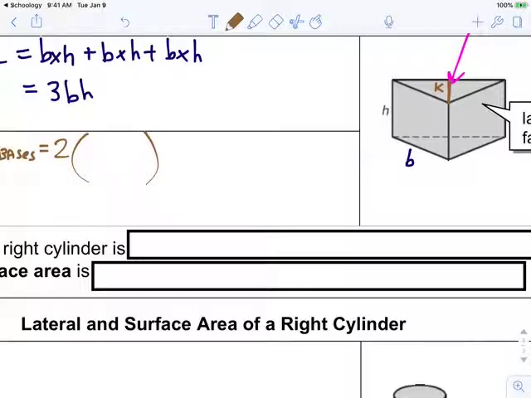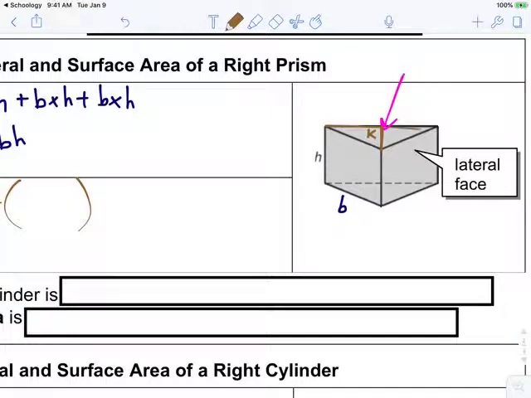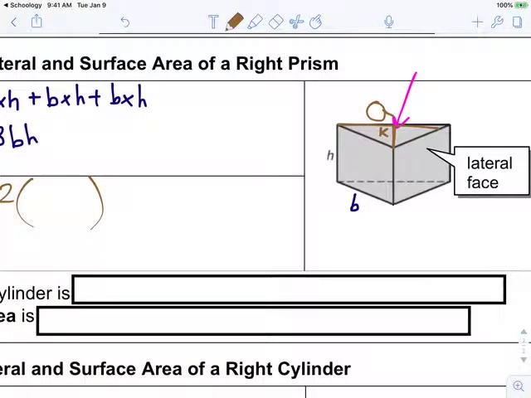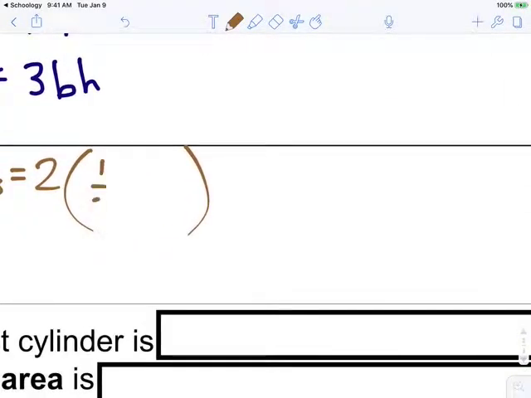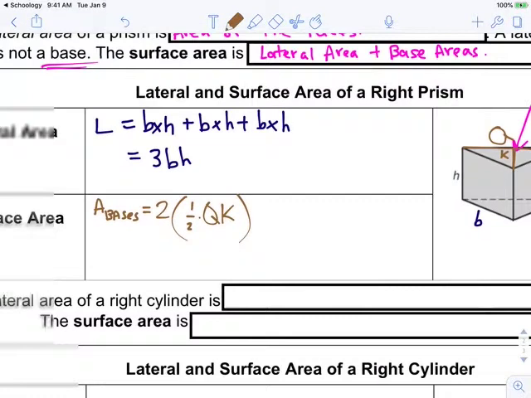I need a base, right? What's the base? You want to call it Q? We'll call the base Q. So what's the area for that triangle? 1/2 times Q times K. What happens with the 2 and the 1/2?